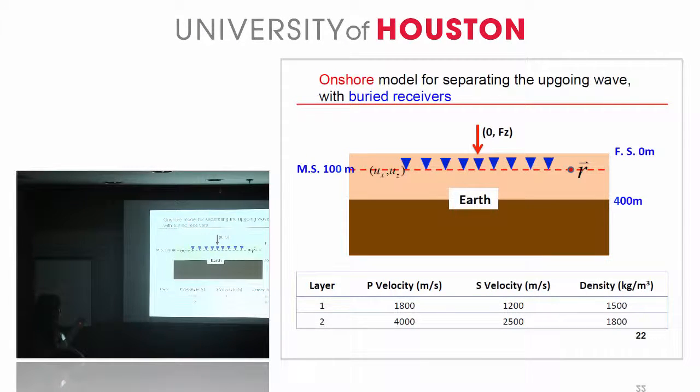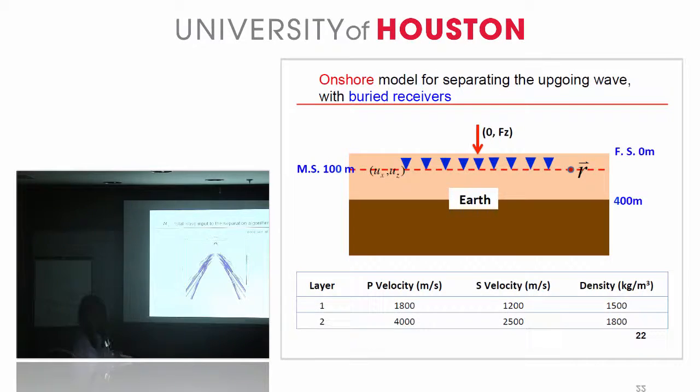Here is our model. You have a two-layered Earth, and the source is a vertical force acting on the free surface, and the measurement surface is 100 meters below. You output your separation result on the measurement surface.